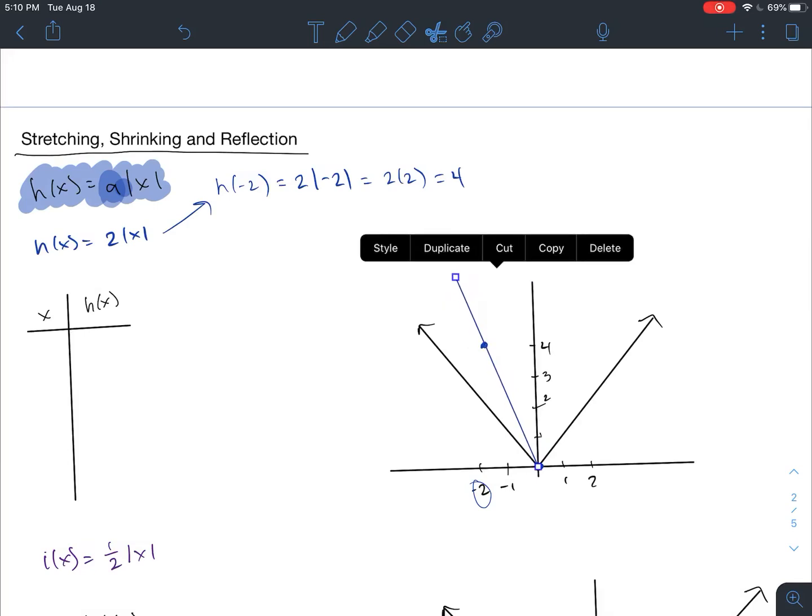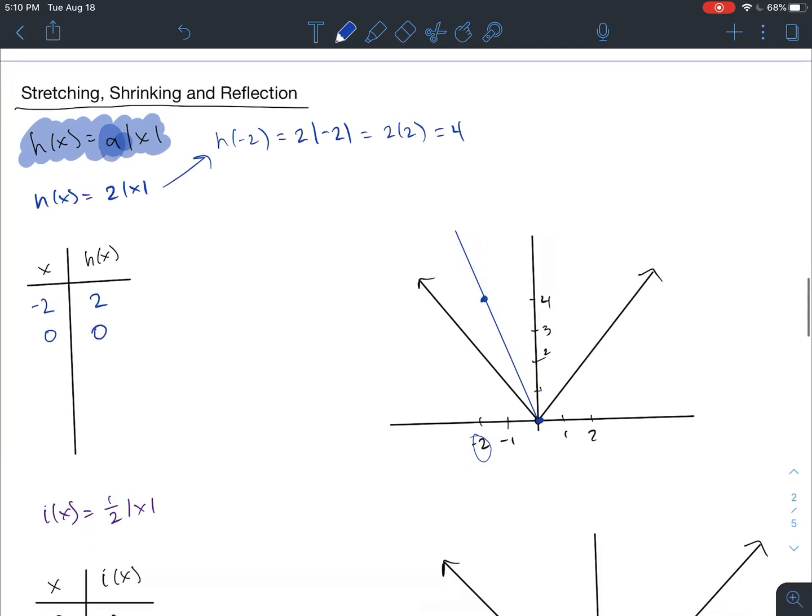Move that up. Alright. Now, when we put 0 into our function, we're just going to get 0, so we're multiplying by 0. So our vertex didn't change.